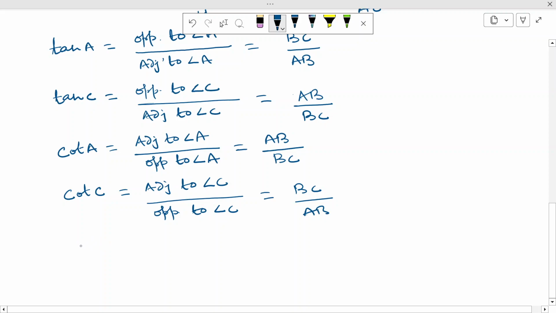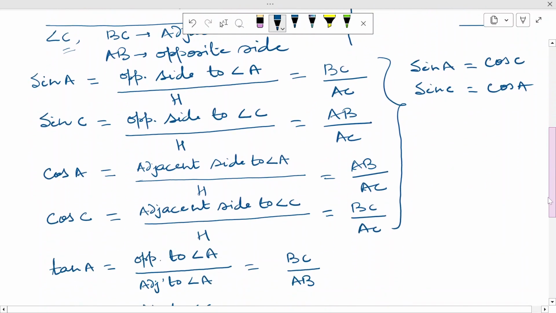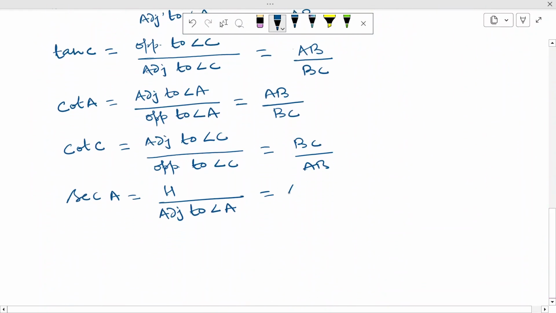Now if we continue, our next trigonometrical ratio is sec. So sec of angle A is, here we should consider the hypotenuse in the numerator, and in the denominator the adjacent side to angle A. In this diagram the hypotenuse is AC, and the adjacent side to angle A is AB.